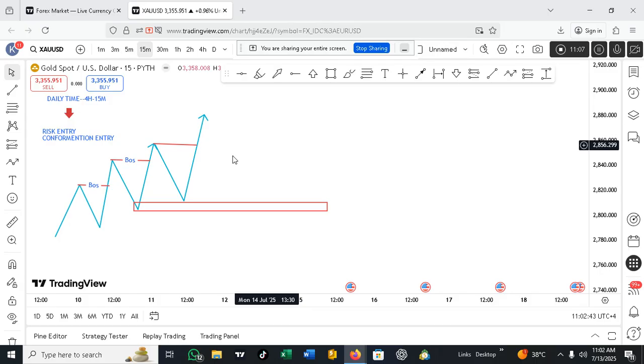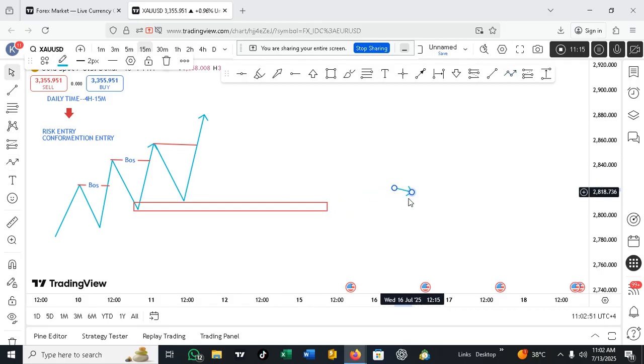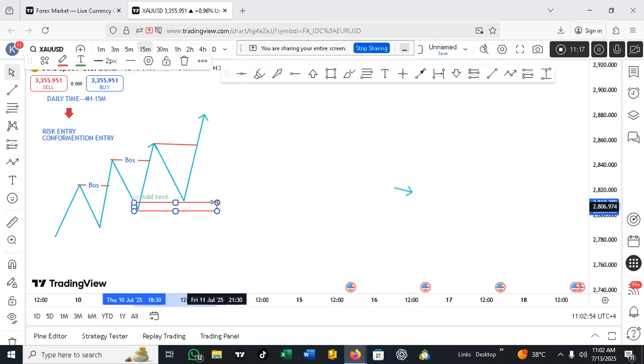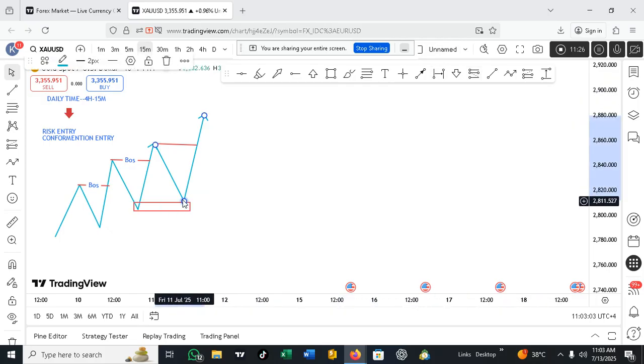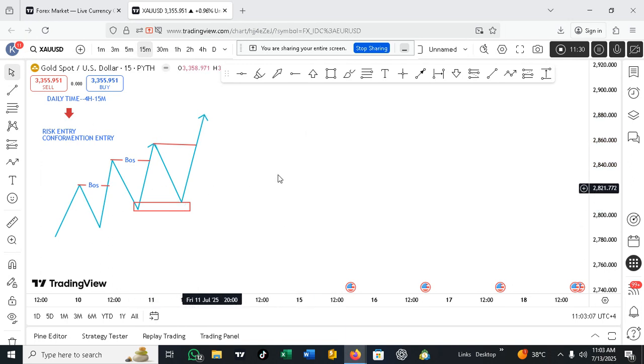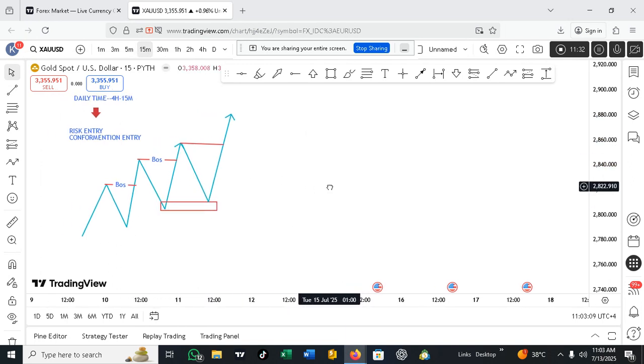Now, for example, if I found the market is like this in a bullish market, I found the market is like this. Okay, let me leave that, I'll talk about it in the next part.